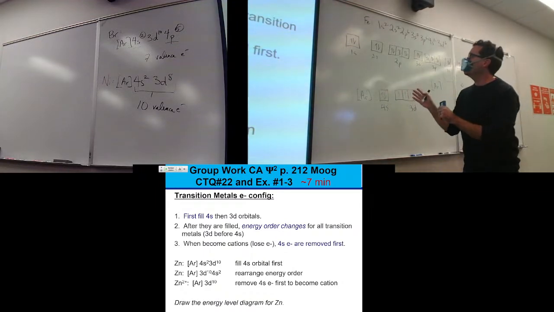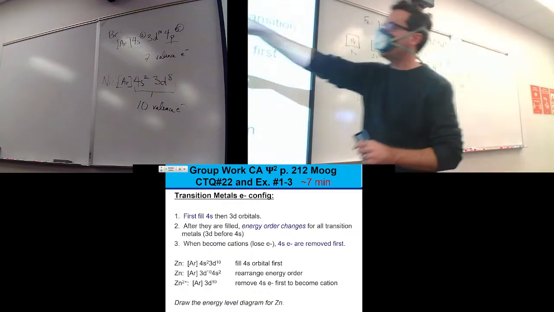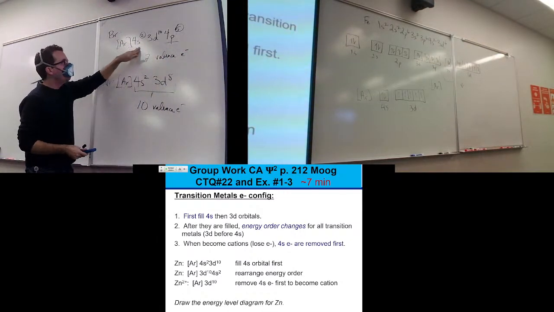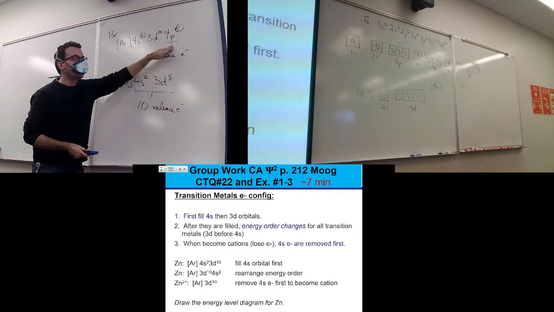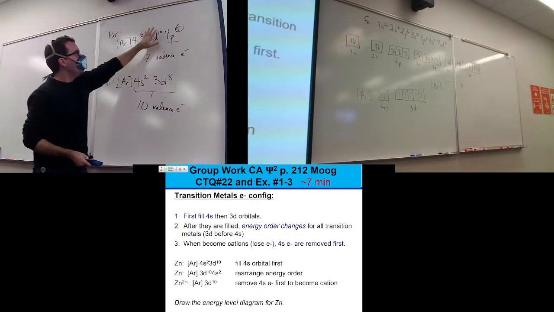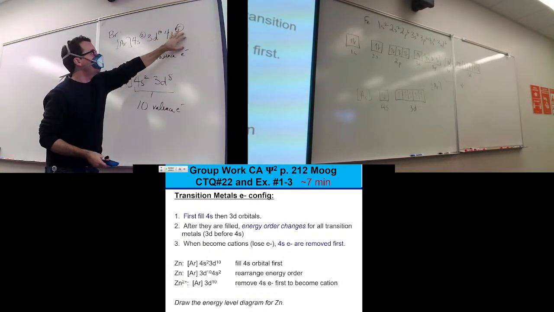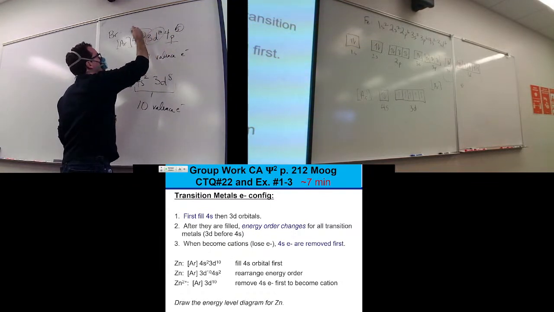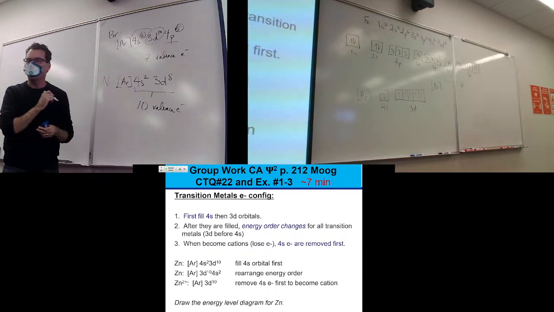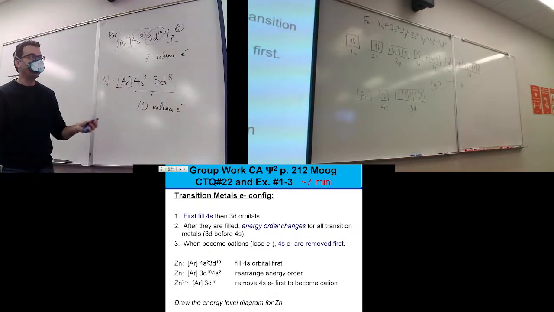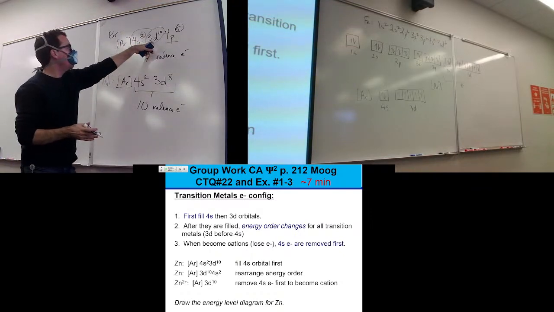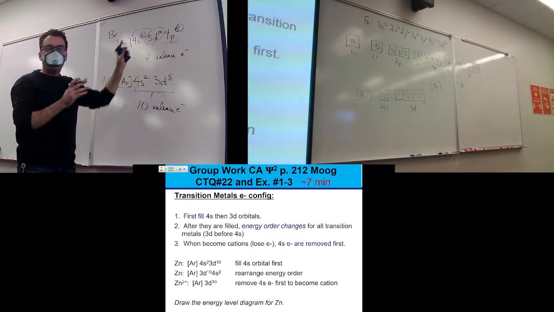After they are filled, so once you get to, for instance, bromine, even though we fill them like this, I do 4s, and then I fill 3d, then I do 4p. Technically, once the 3d is filled, we start filling the 4p. In terms of energy, this is actually lower in energy than the 4s. Just to keep that in mind. Even though I write it like this, sometimes in textbooks you'll see the 3d before the 4s, and it's because it's lower in energy.